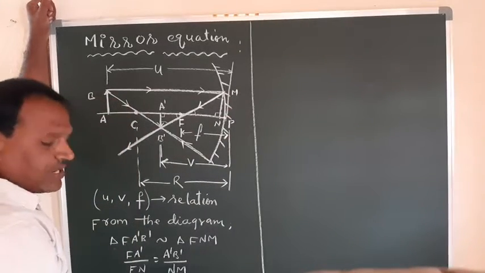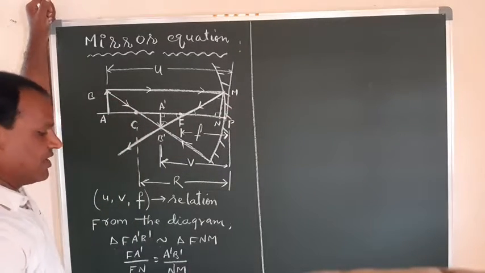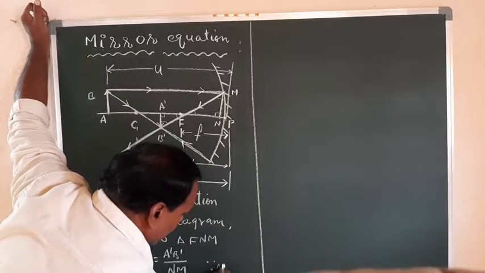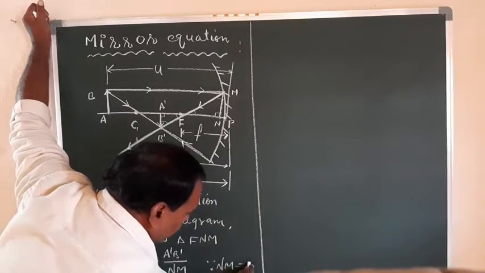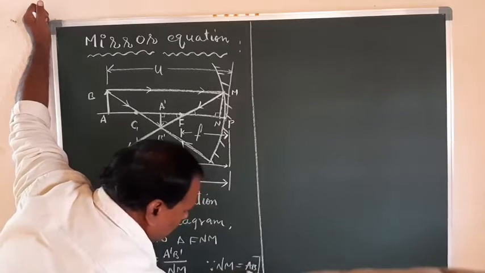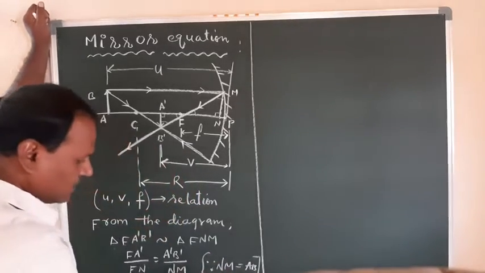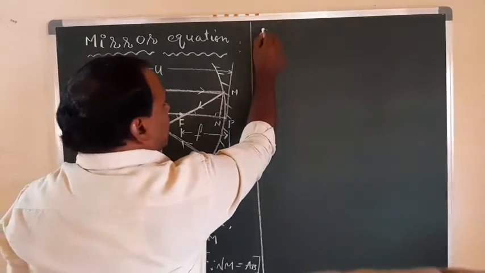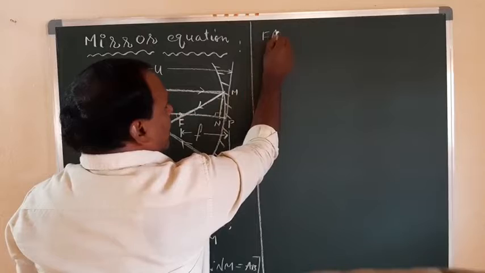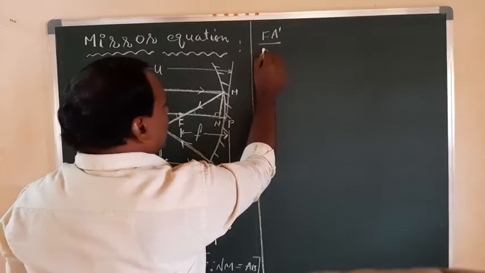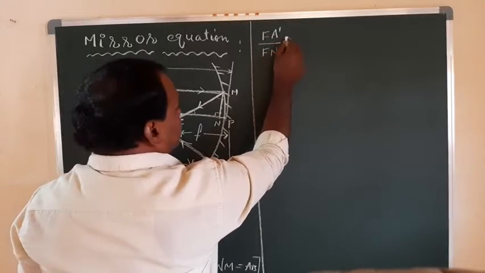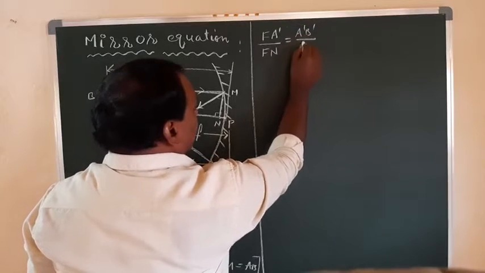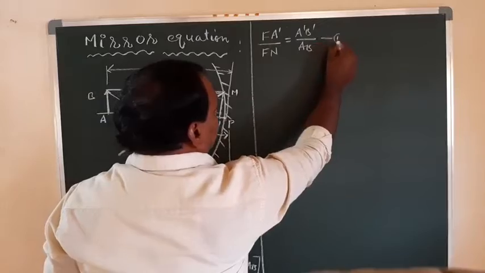So in place of NM, I can write AB, since NM is equal to AB. So this equation becomes F A dash upon F N is equal to A dash B dash upon AB. Make this equation 1.